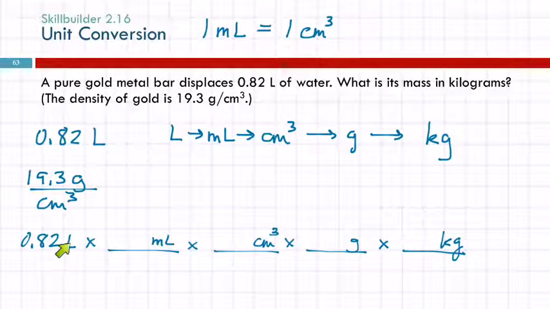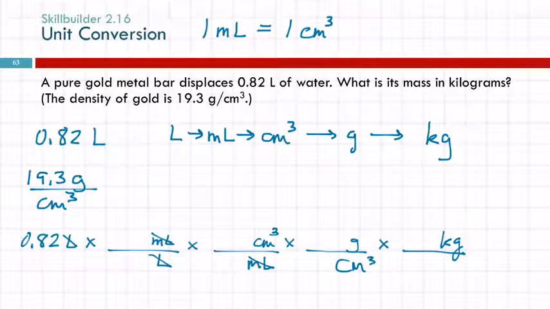I take the unit of the first term and I put it in the denominator of the second one so that that unit cancels out. So I want those to go away, and then I'm going to get rid of milliliters, and so that goes away. And then I put cubic centimeters down here, and those cancel out. And I put grams down here, and those cancel out.